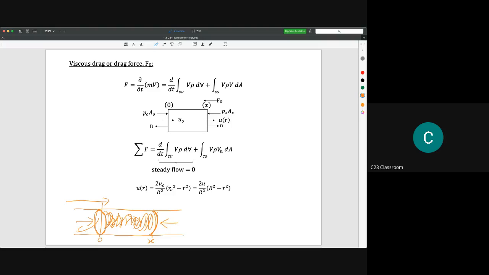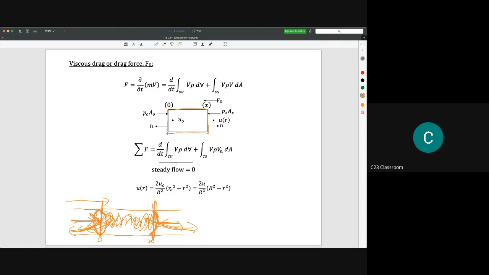If we cut here and here, there is a possibility of the fluid flowing out. To prevent that, we need to push this surface with a certain force. That means we cut this, and to remain the internal pressure there, we push with a certain force from the left and from the right.